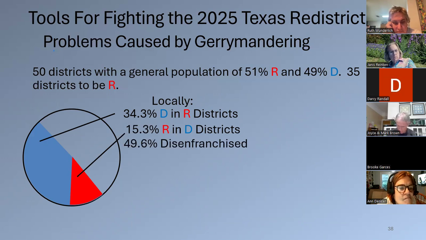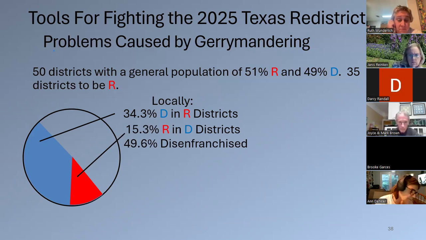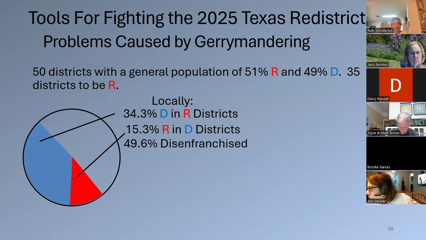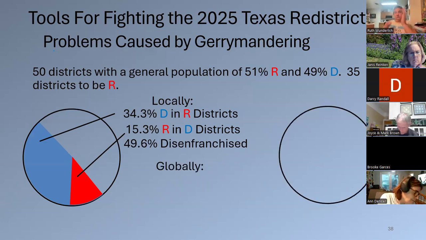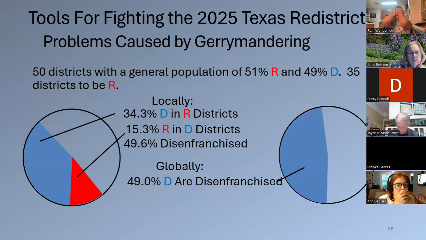That means just in the local election, 49.6% of the people are gerrymandered. Almost half of the people have lost their voices in the local elections. And if you pull in the global case, of course, because of the gerrymander, 49% of the Ds don't have a vote in the larger offices.